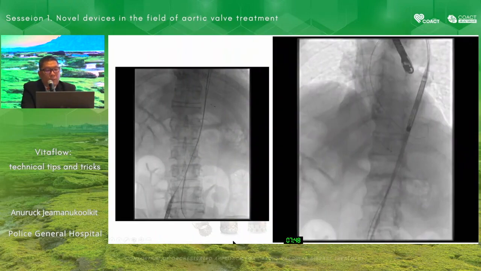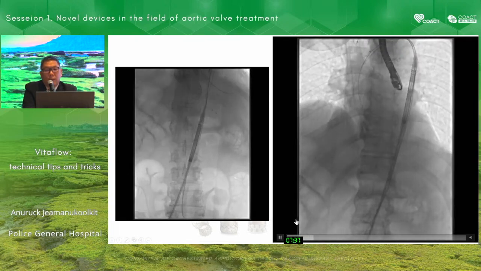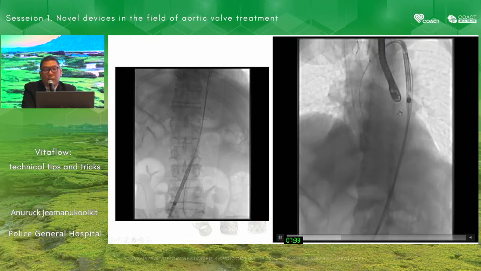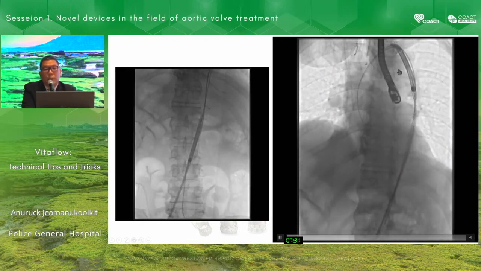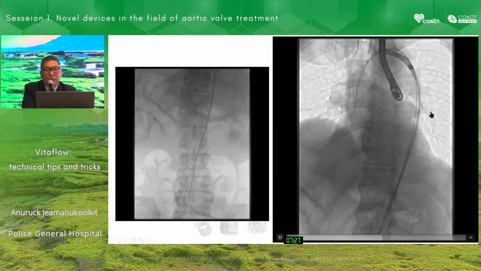So you can see the performance of the Vital Flow catheter. It can pass smoothly to the descending aorta, and without calcium in the aortic arch, it can pass very well. But you can see its conformability to the arch is quite rigid, so it's not bending at the capsule and the valve inside the capsule.